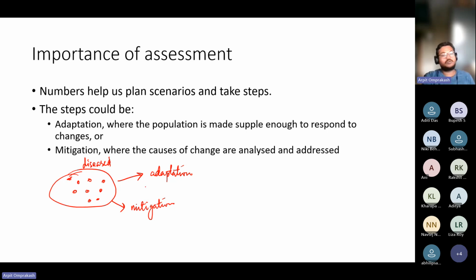One thing that we can do is go around and pick out these parasites and kill them. That is a step towards mitigation because it addresses the cause of the disease. Whereas in adaptation, we are changing the population so it can adapt to the disease and survive better even if the disease is present.